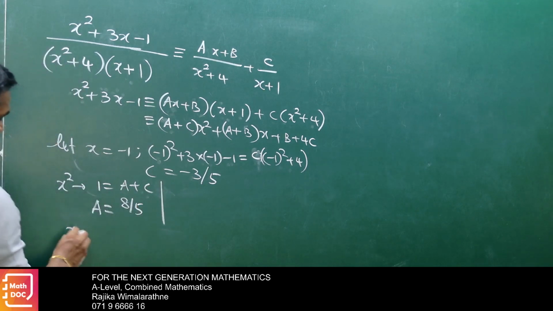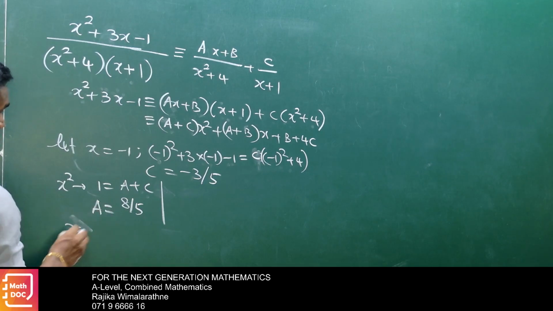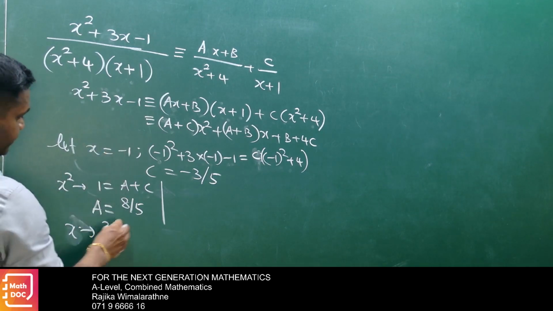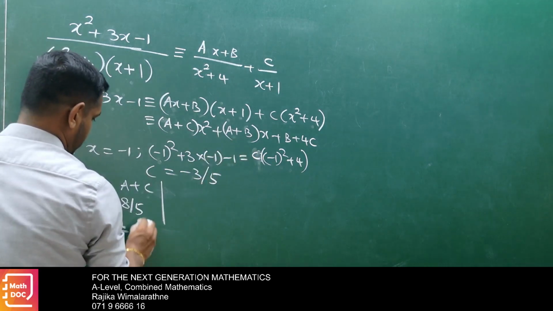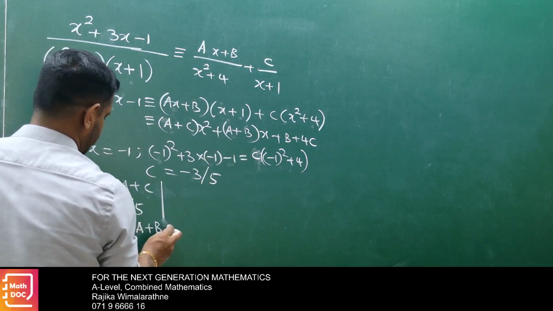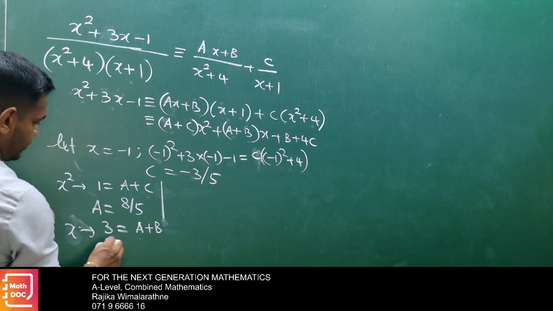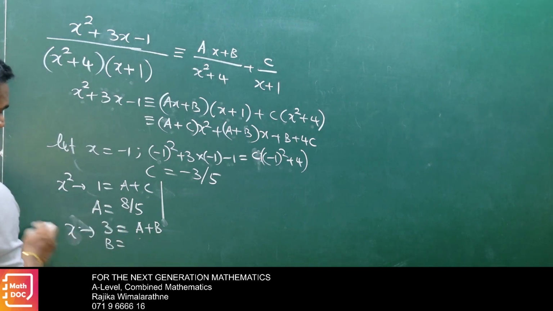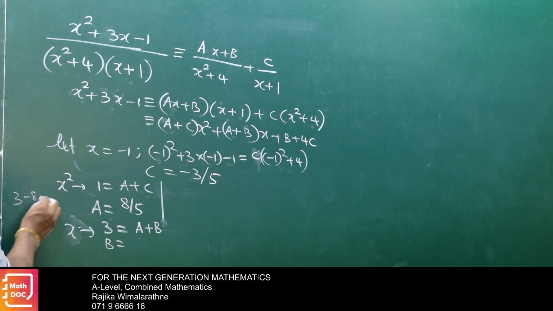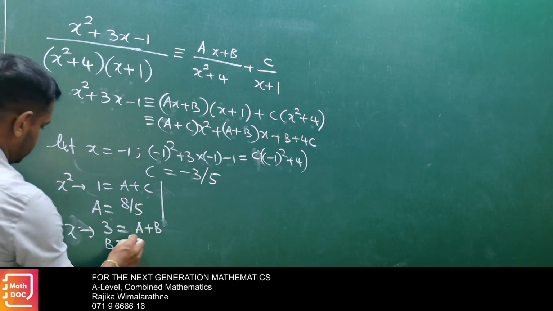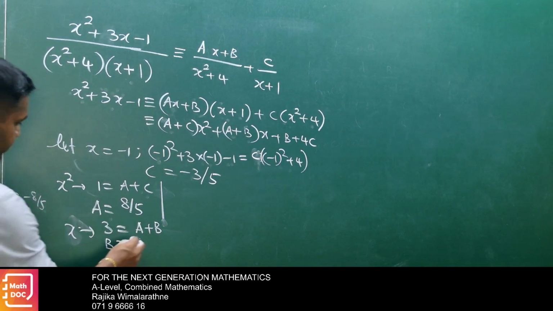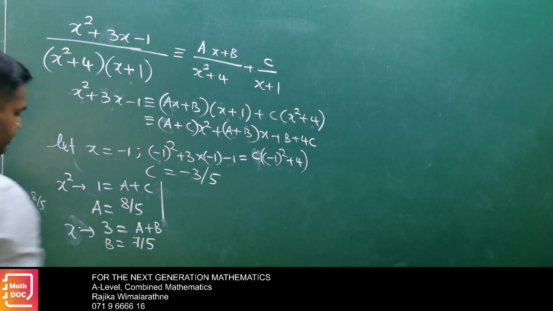Then go to the x coefficient: here 3, here a plus b. Then find b value: 3 minus 8 over 5 is 7 over 5. That is the b value.